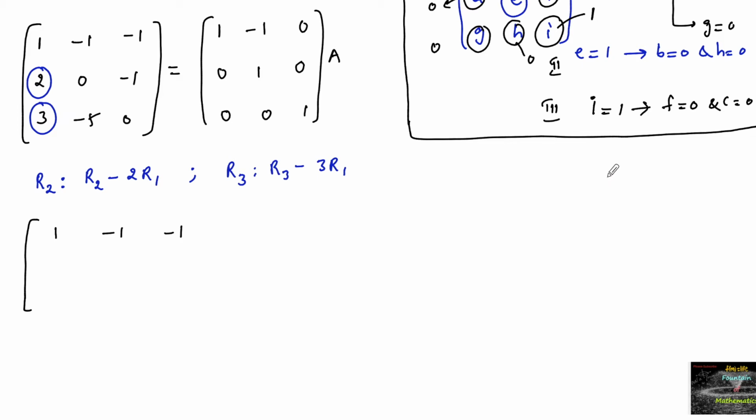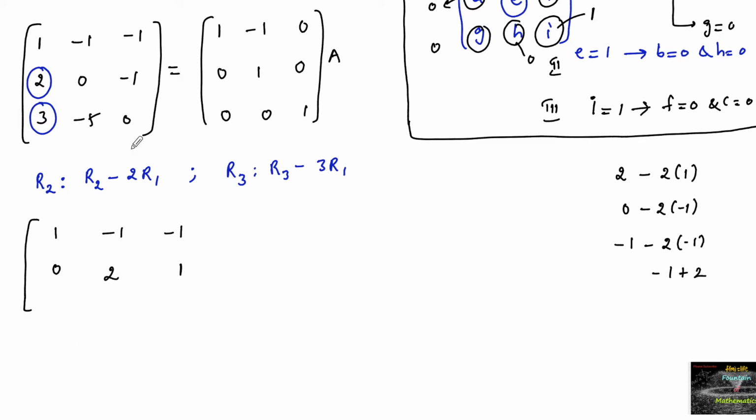R2 minus 2 times R1: 2 minus 2 times 1, that is 2 minus 2, it's a 0. Next, 0 minus 2 times minus 1. So minus of minus, this is plus 2, and then minus 1 minus 2 times minus 1, that is minus 1 plus 2, that is 1.